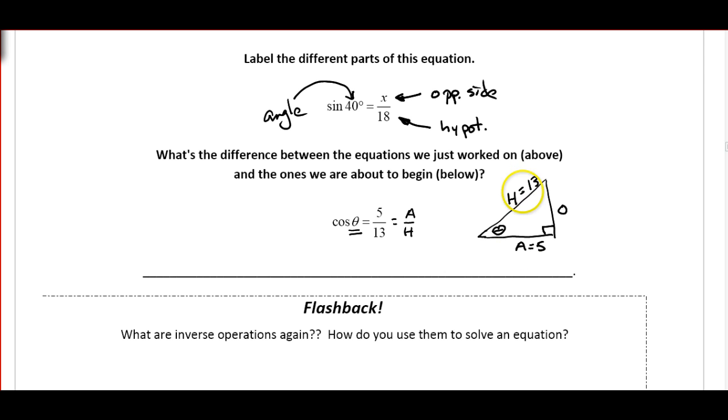Okay, so now we know these two sides, but we don't know the angle. So the difference here is we need to solve for the angle, whereas before we had to solve for the side.